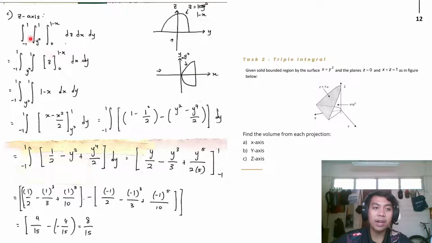And then the range is from y squared, because we get this curve first, until here, which is 1, our intersection at the x-axis. So the range is from -1, intersecting at y, until 1, intersecting at y also. So this is the range for the z-axis.